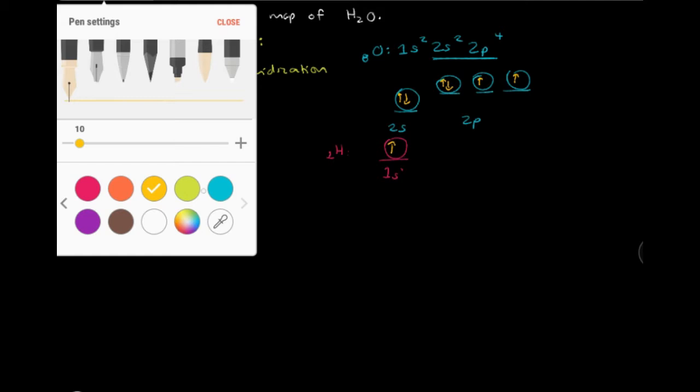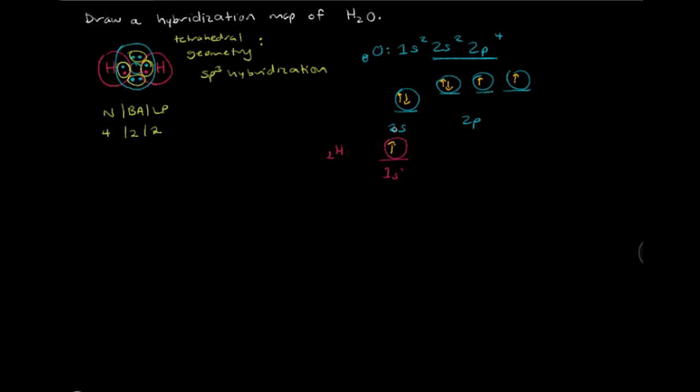So we need to hybridize. Hybridization will occur between this 2s subshell and 2p subshell. So let's hybridize these orbitals, and because you're combining one s orbital with 3 p orbitals, you get an sp3 hybrid orbital.